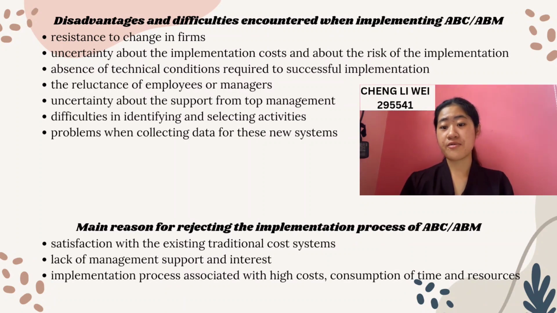According to the findings of relevant researchers, the main reason for rejecting the implementation of ABC and ABM might be satisfaction with the existing traditional cost system. Next, lack of management support and interest, and also an implementation process associated with high cost, consumption of time and resources.